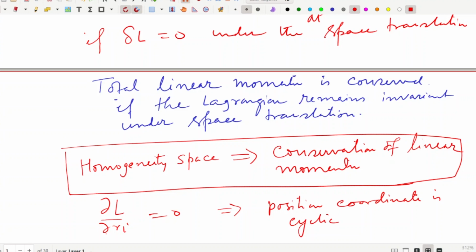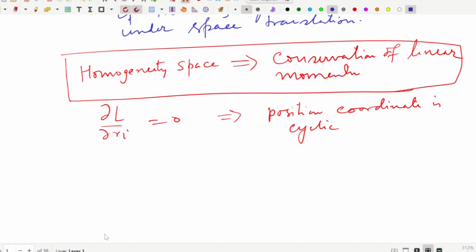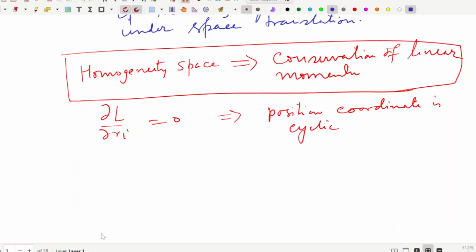So, we have also seen that for each cyclic coordinate the momentum conjugate to it will be conserved. So, we find that homogeneity of space, that is when you have a space translation and your system dynamics remains invariant, leads to the conservation of linear momentum, and that is also related to the spatial coordinate being cyclic. Okay, so this can be understood with a simple example.